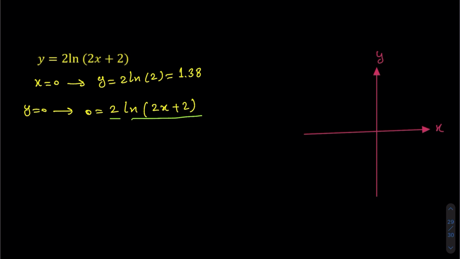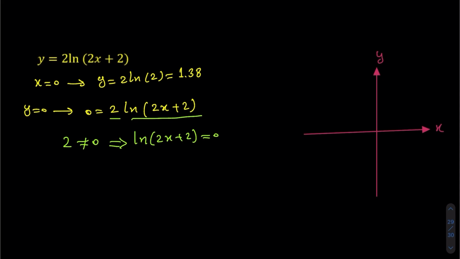Well, looking carefully at this equation, 2 times ln of 2x plus 2 is equal to 0. So therefore we can say 2 can never be equal to 0. Okay, that means here ln of 2x plus 2 must be equal to 0. Because 2 is a constant, can never be 0.